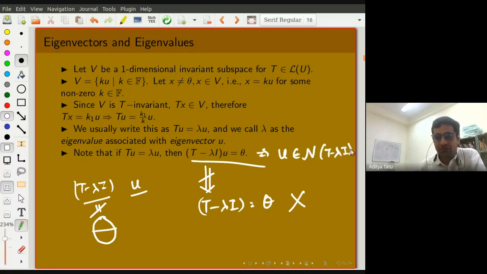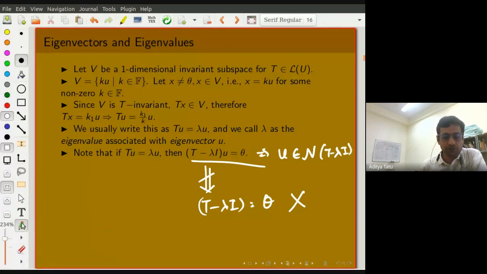So in fact, if u is a non-zero vector in the null space of this operator, do you think T minus lambda I can be invertible? Okay, let me make it easier for you. T minus lambda I will map theta to what vector?